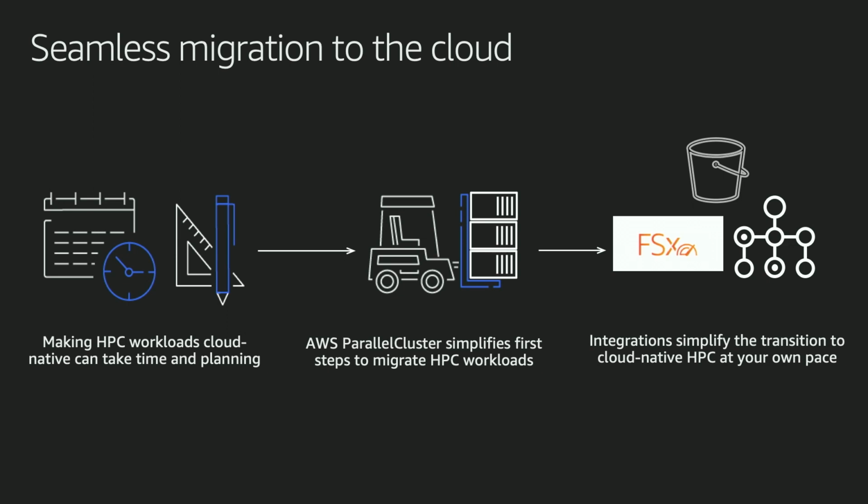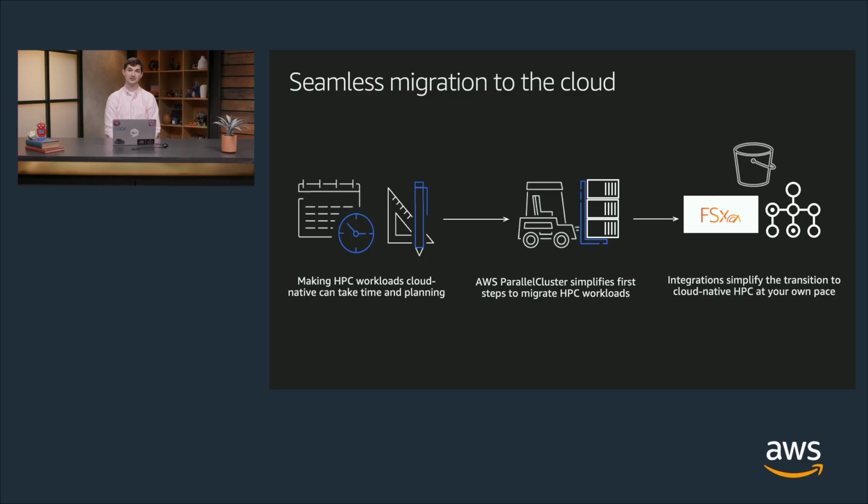Another reason customers love ParallelCluster is that it makes migrating existing HPC workloads to the cloud easier. Because the cloud is a radical departure in many ways from traditional on-premise environments, that means lots of applications can benefit, both in terms of performance and cost effectiveness, by re-architecting workloads with a cloud-native approach.